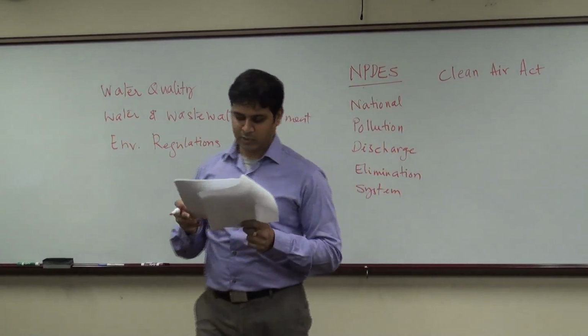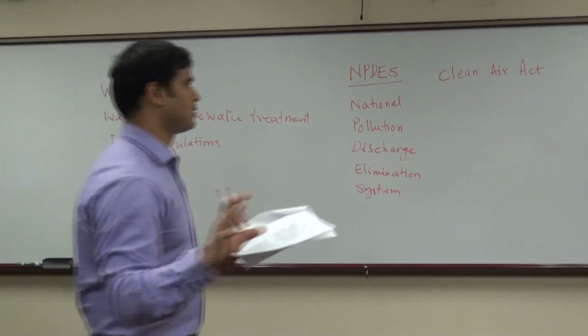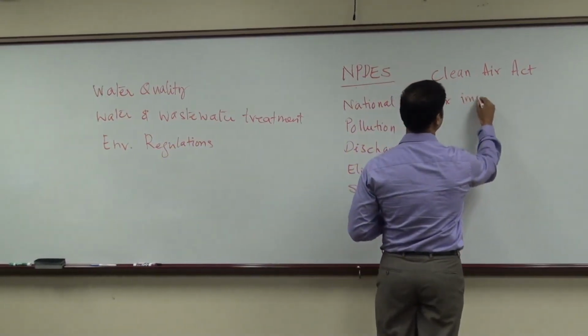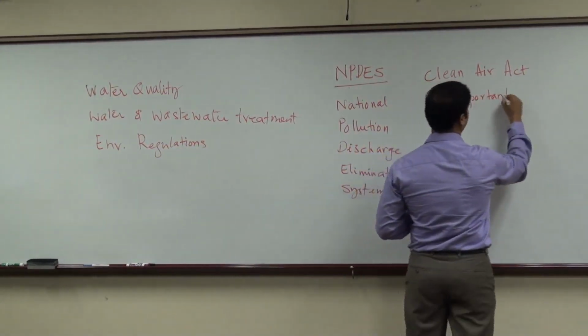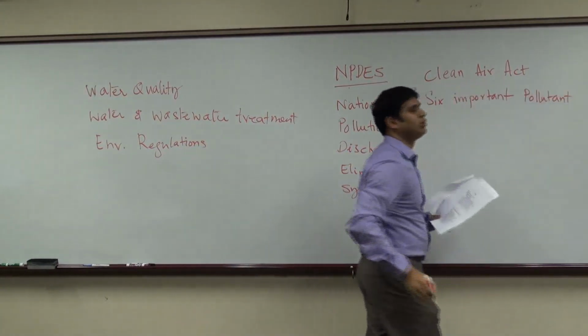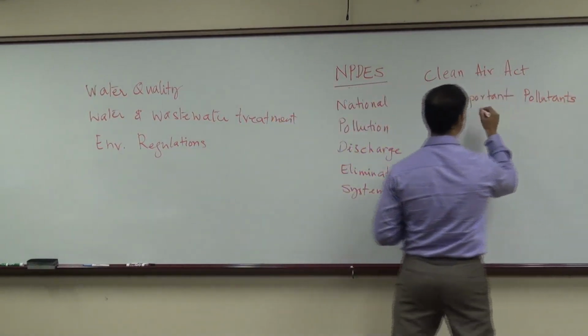Okay, we have Clean Air Act. So let me point out these 6 important pollutants. Please note this down. This is important for you. 6 important pollutants under Clean Air Act, or they're called criteria pollutants, or primary pollutants.